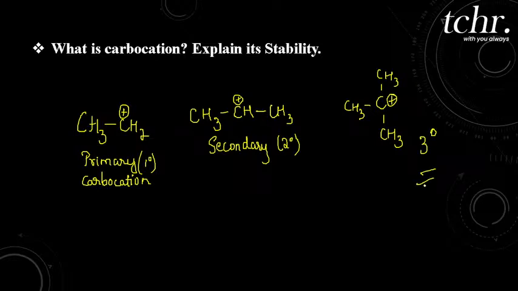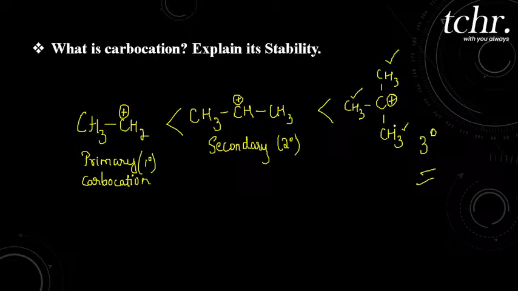So you write the primary, secondary and tertiary structures of carbocation, and when asked to explain the stability, you can say that in carbocations as well, tertiary is more stable than secondary, and secondary is more stable than primary. So why is tertiary more stable here? Because you can see that the tertiary carbocation is further attached to three alkyl groups, correct?